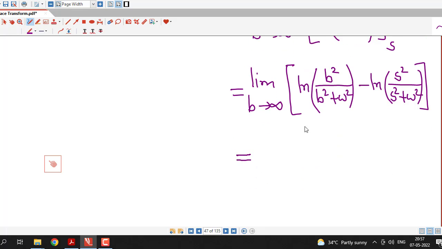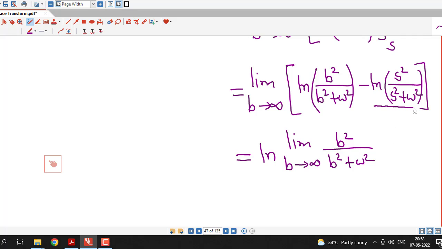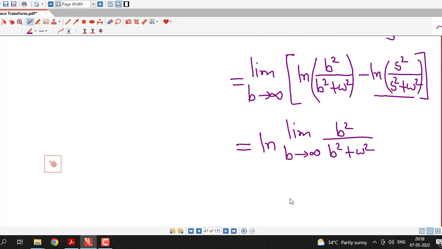So now we have to find the limit of this bracket. The limit of log of b square over b square plus omega square can be written as log of the limit, b tending to infinity, of b square divided by b square plus omega square, and minus the limit of this function, log of s square divided by s square plus omega square, which is independent of b.